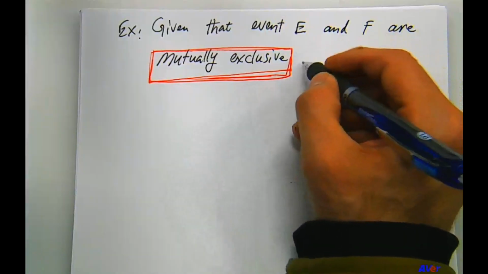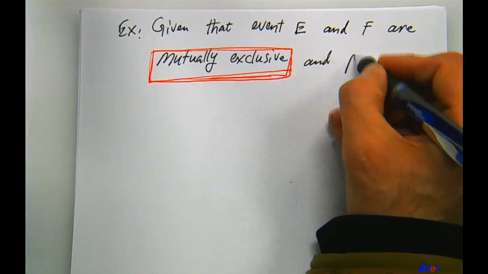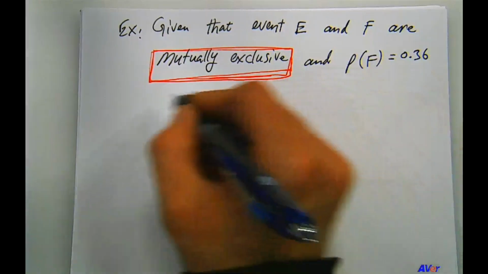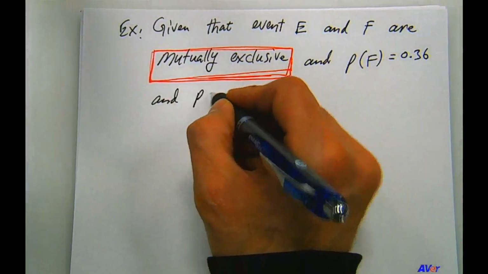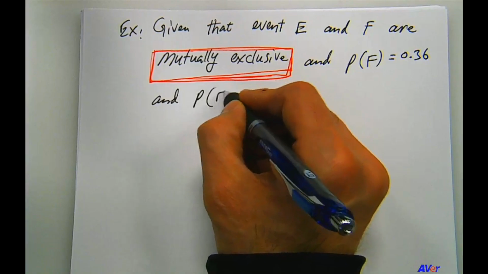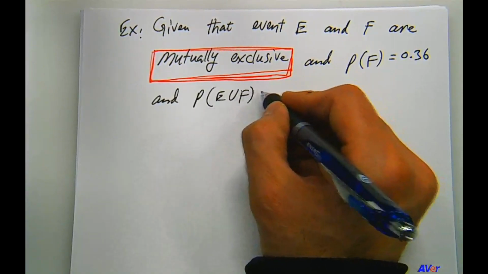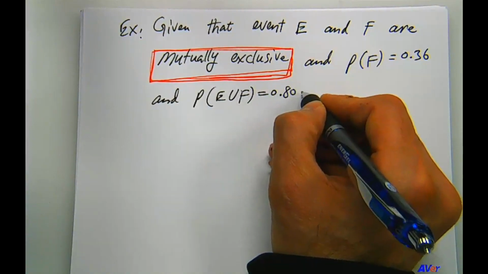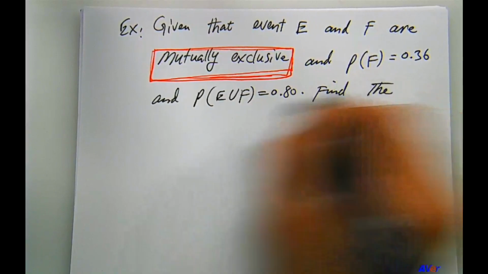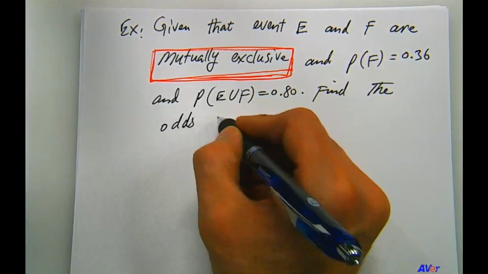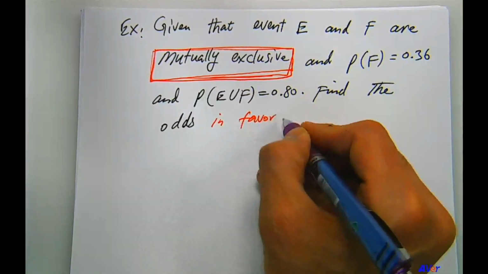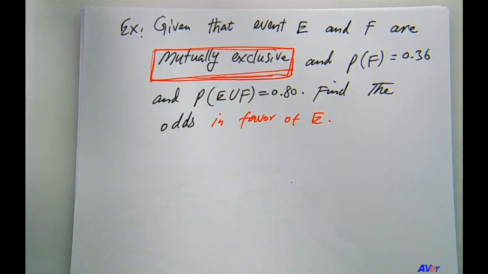So if E and F are mutually exclusive and the probability of F is 0.36 and the probability of E union F is 0.8, we want to find the odds in favor of E. In favor of E. Remember, the last one was independent.